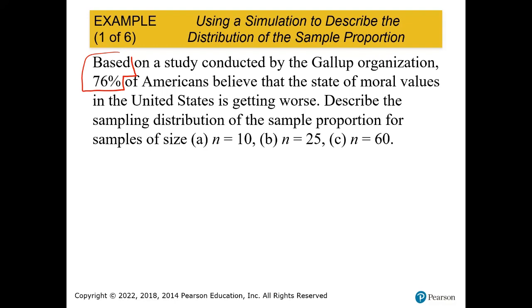So now we're going to take samples of size 10, repeat that so many times, and figure out, out of 10, how many each time believe moral values are getting worse. And then we'll do that again, pull samples of 25, ask the same question to each group of 25, and then we're going to repeat that with 60.